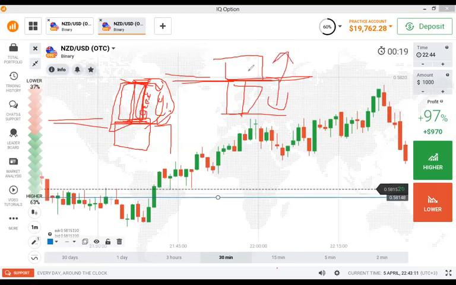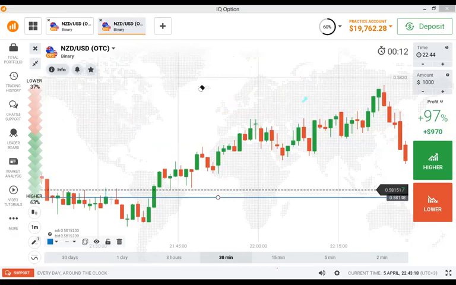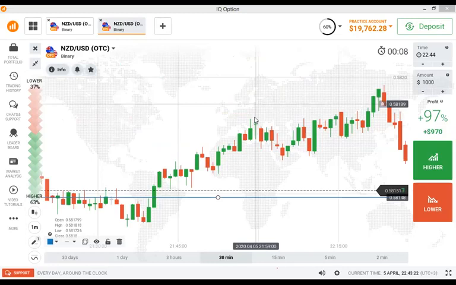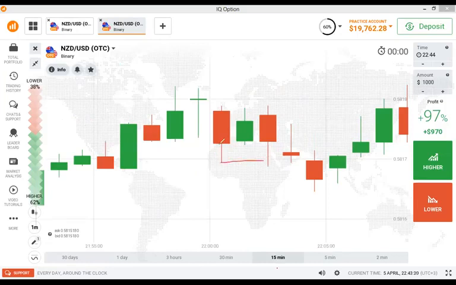Now look at this. Buyers are here, buyers are here. Look at where this candle closes. The candle closes here, but look at where the candle opened.